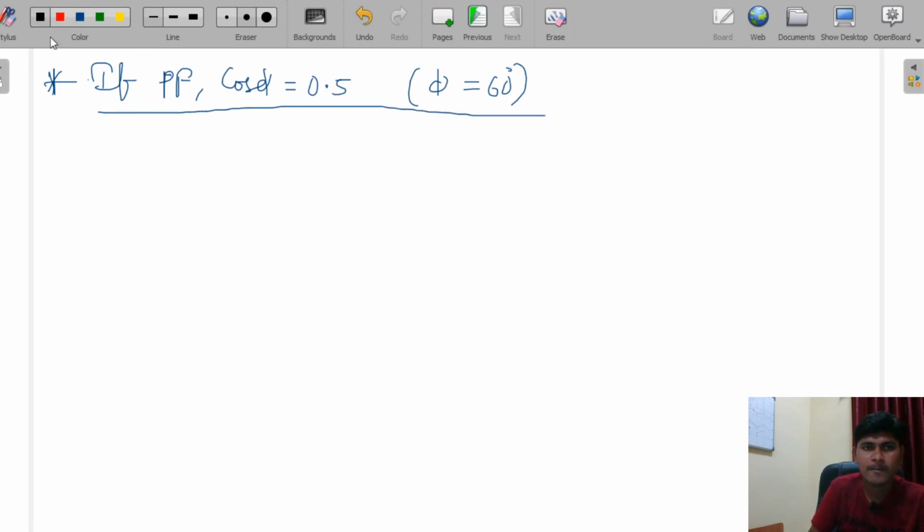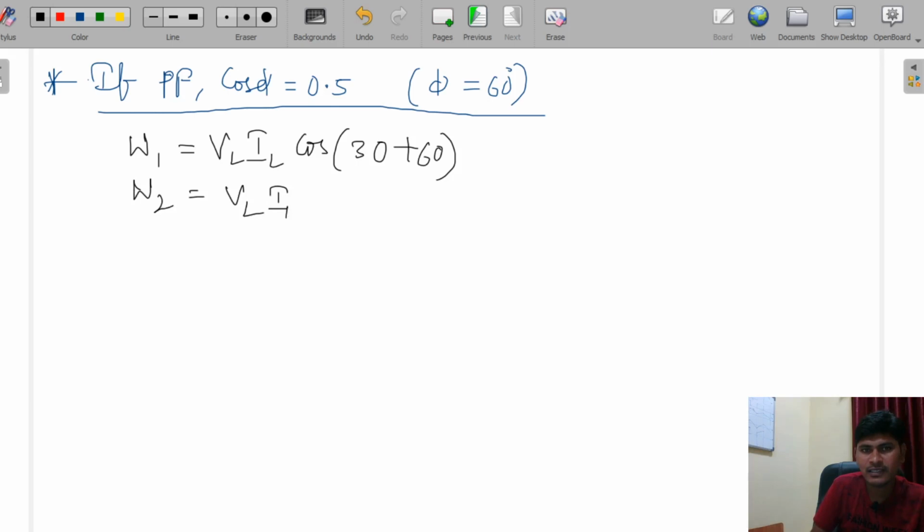Okay. Then what will be the reading of W1? W1 is equal to VL IL cos of 30 plus 60. W2 is equal to VL IL cos of 30 minus 60, which is equal to cos 90, that is 0.